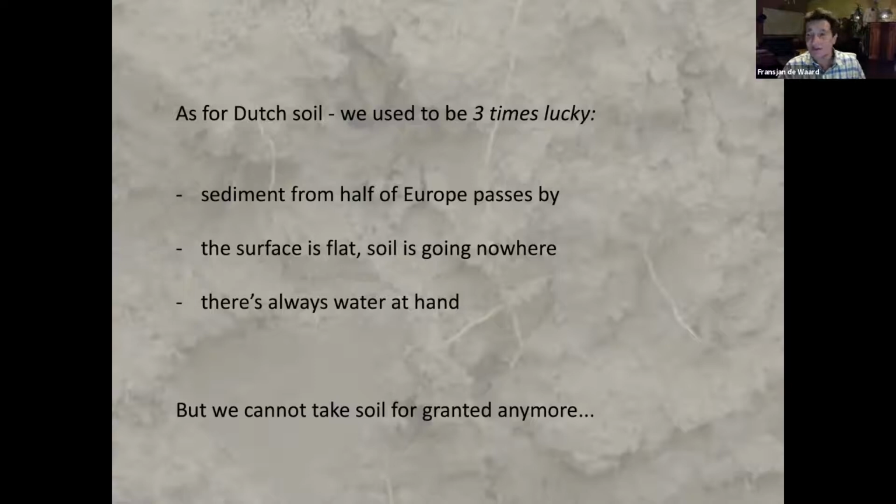Then, the soil is going nowhere, because in the Netherlands and a few more places in the world, the surface isn't slanted, isn't at an angle, so soil is just going nowhere. And the third one, particularly in the Netherlands, which is very rare even, is that we always have water at hand. Our problem was to get rid of it, because there used to be too much. And I say used to, because this is now changing. So that third one, for a larger and larger part of the country, isn't true anymore.